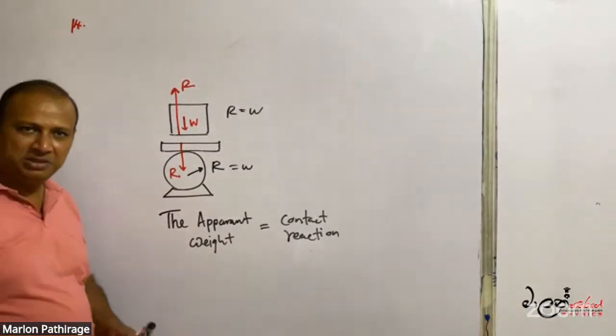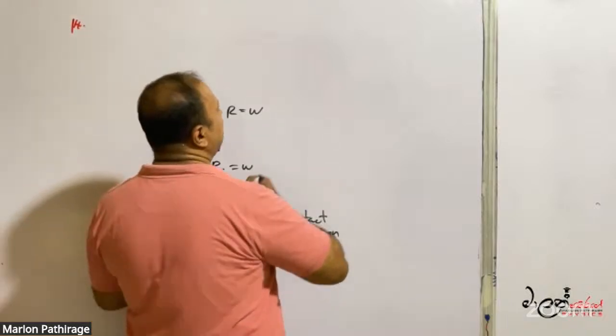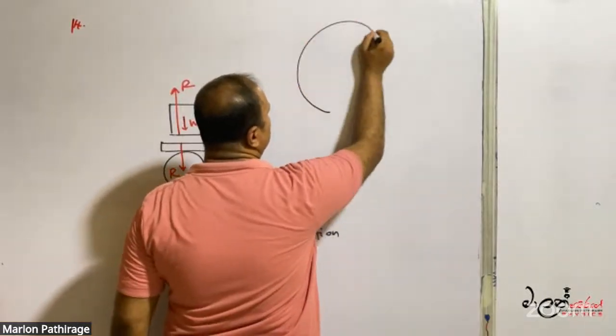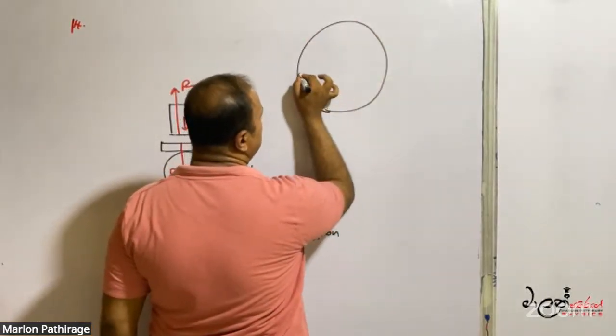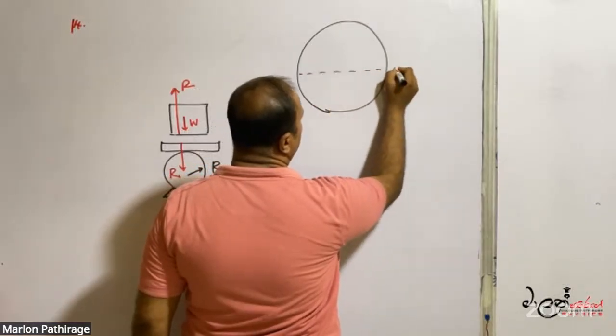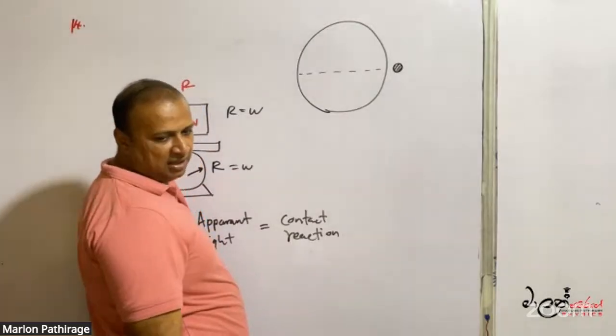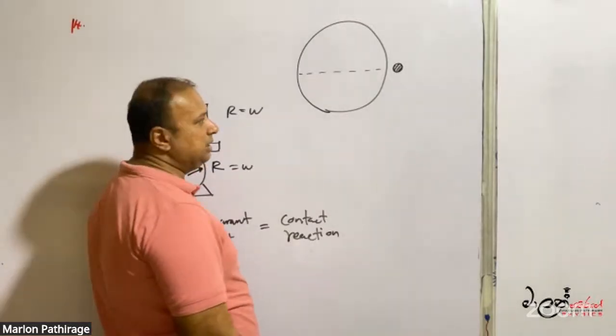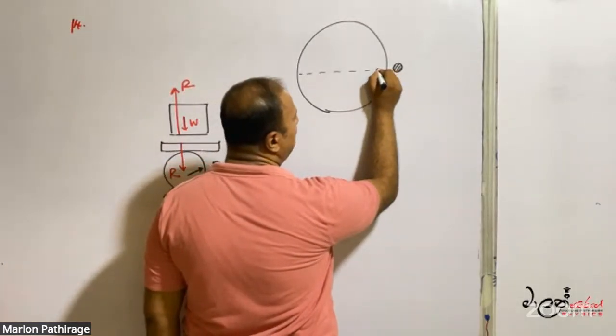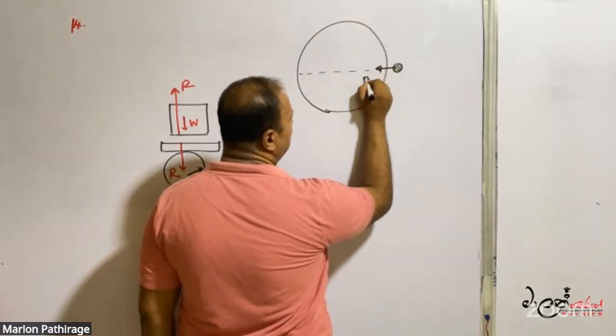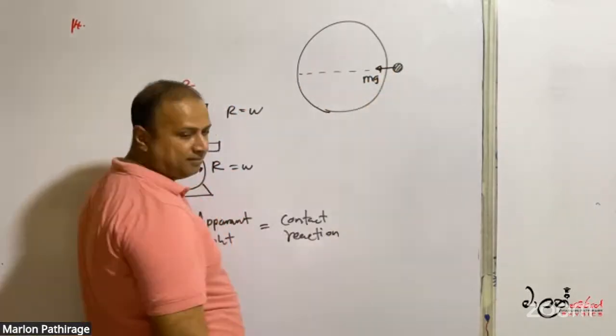Alright. Now there is a man on the Earth. Suppose this is the equator. As we discussed earlier, definitely mg should be in this direction, into the center.